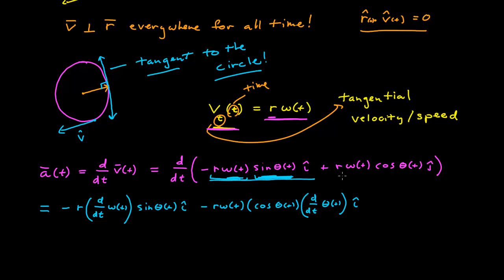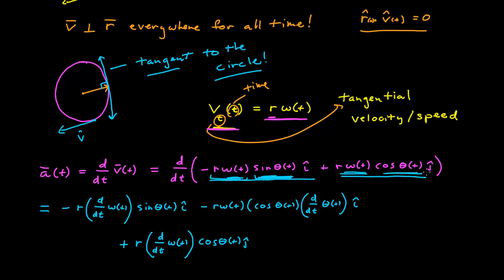And now we have to do this term, and it becomes a similar expression. So first we differentiate the first part using the product rule, r times the derivative of omega t, then cosine theta j.